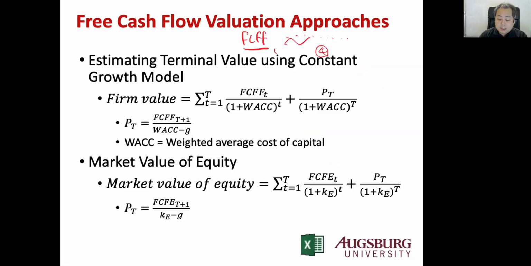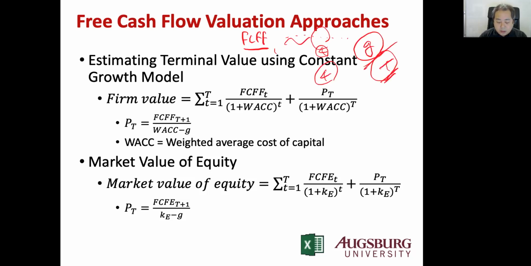You estimate them, and then you finally get some constant growth rate at some terminal year. So maybe the 4th year, maybe the 10th year is the terminal year. It depends on you. In many cases, they usually estimate up to 10, make the 10th year the terminal year, and then they calculate the constant growth rate.